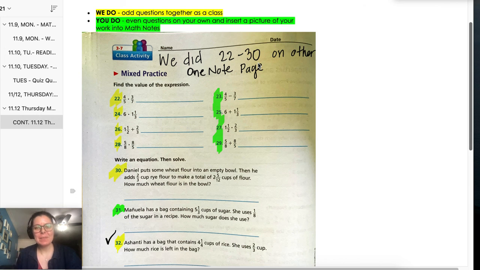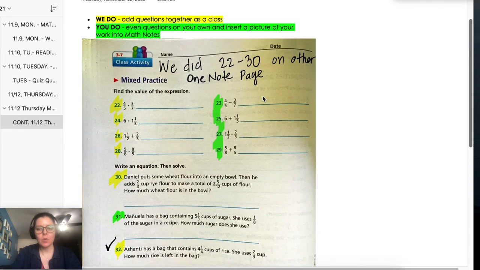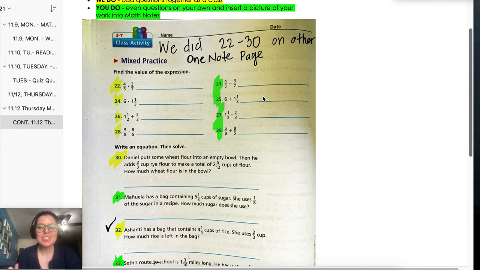Hey guys, so I am going to just quickly finish going over the two problems that I said I would go over on Thursday, but we ran out of time. So I'm just going to quickly do question number 32 and question 34. We did questions 22 to 30 on Thursday.